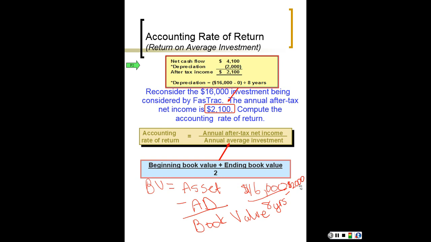Now that $2,000 per year, we'll have to consider this in a little bit, but is there a cash impact? There isn't a cash impact, so just try to remember that. So depreciation is $2,000 per year. And after 8 years, the asset has been fully depreciated, so the book value then would have a value of 0. But currently, we're going to purchase it, and the asset will have a value of $16,000 when we first purchase it.